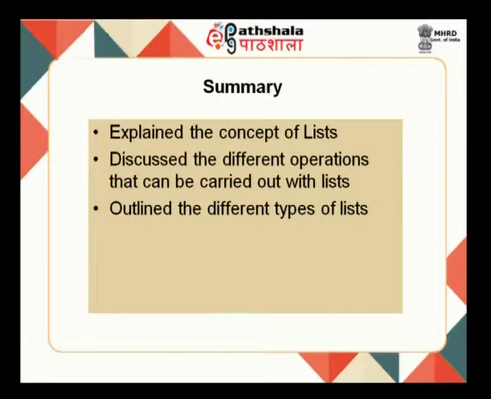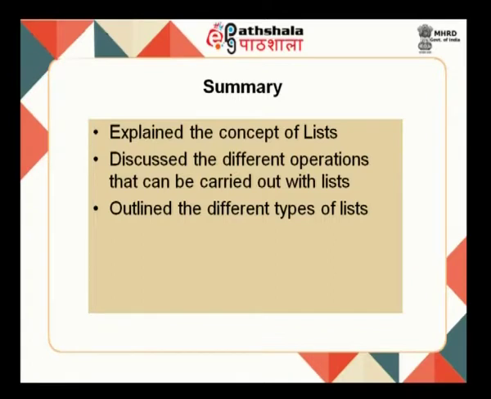So, what did we do in this module? We took a list and tried to look at all possible operations on a list. We looked first at the concept of a list, then at all the different operations that can be carried out on the list. We looked at some common operations that can be done on any ADT. Then we looked at some common operations for all types of lists.